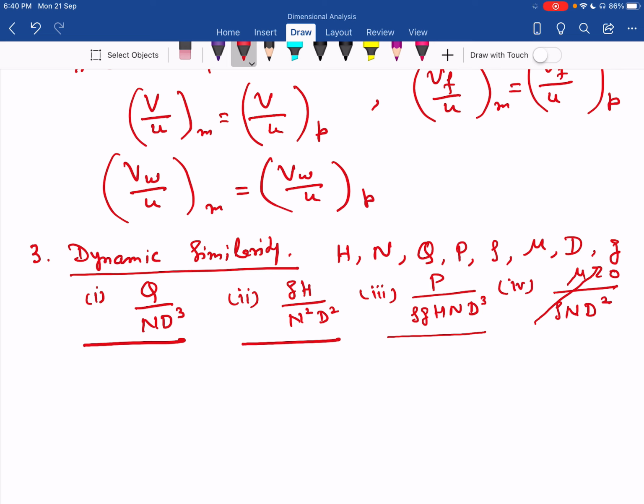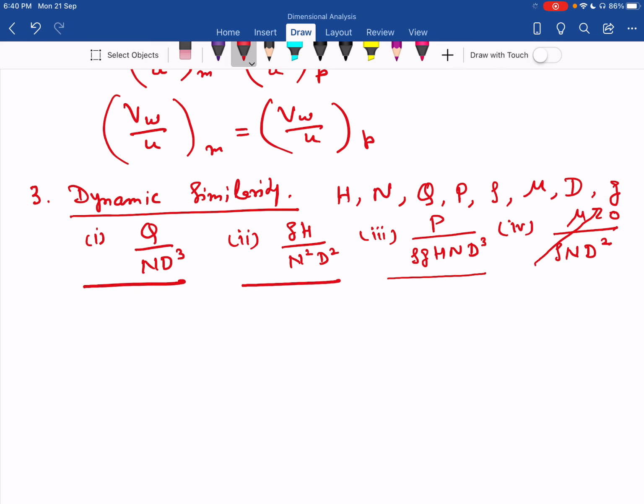Further, for model and prototype, g for model is equal to g for prototype, acceleration due to gravity. Further, if our fluid is water, rho for model is equal to rho for prototype. So these two equations also hold good. So again we can write the three terms, Q upon N D cube.